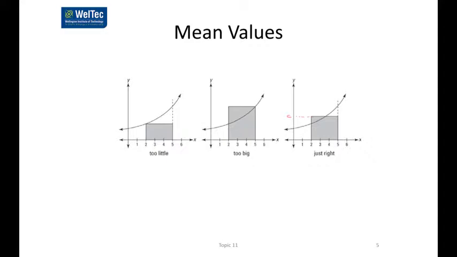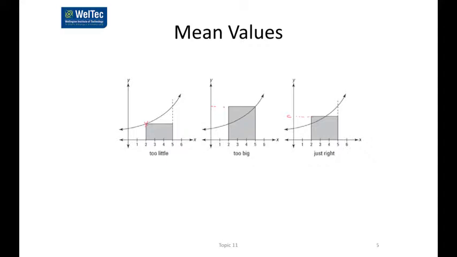The rectangle has a height that's equal to the lowest point on the curve. So its height is that, and clearly that's going to give us an area that's too little.